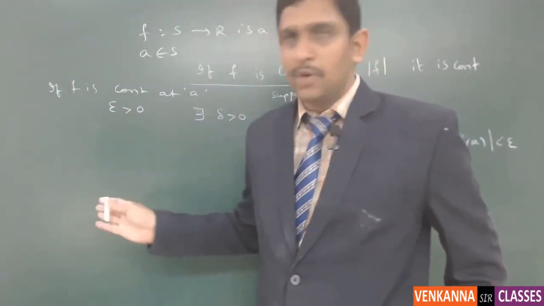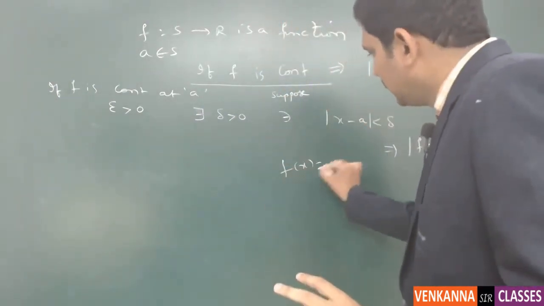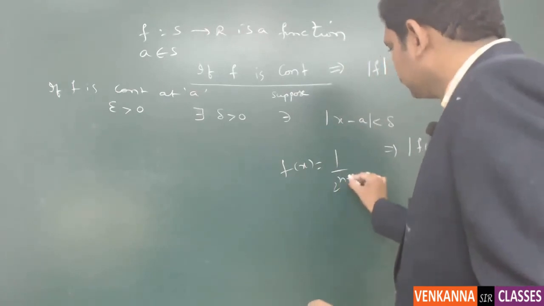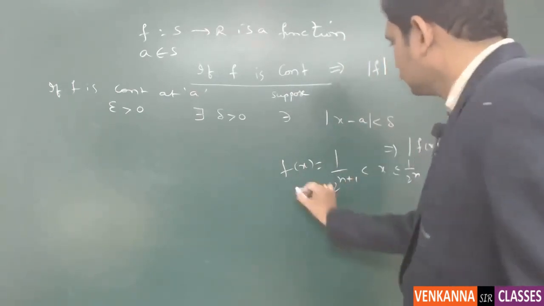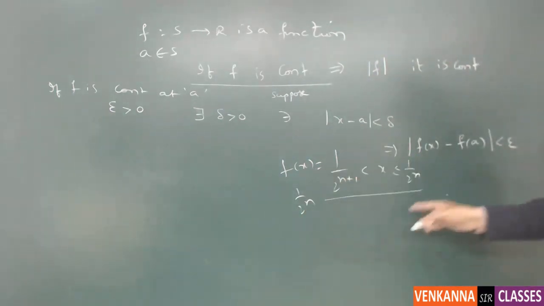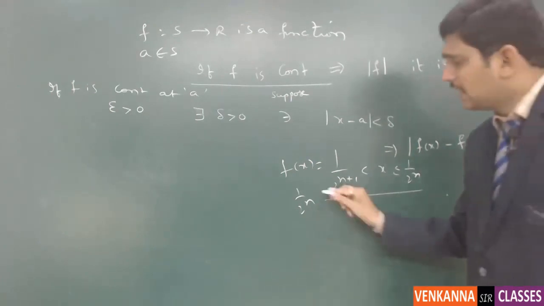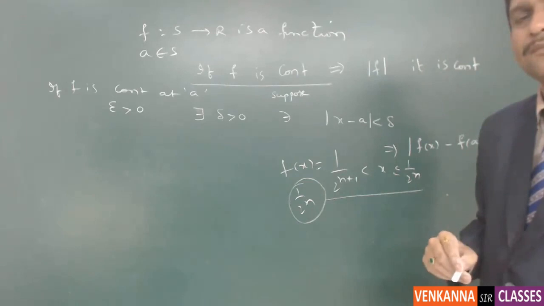earlier you have done a problem, sorry, f of x is equal to... this problem you have done, and you observed that these are the points of discontinuity for this function.